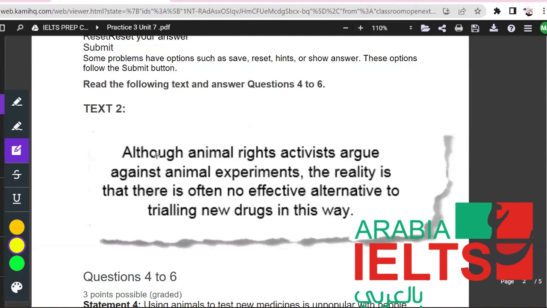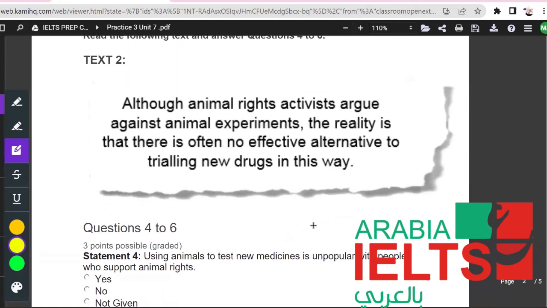Look at it. Try to analyze it a little bit. Now let's go to statement 4: using animals to test new medicines is unpopular with people who support animal rights.